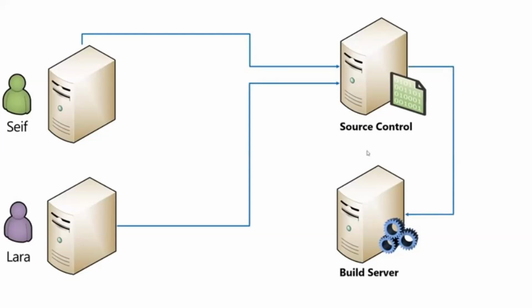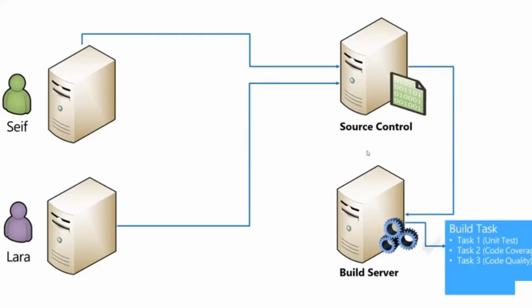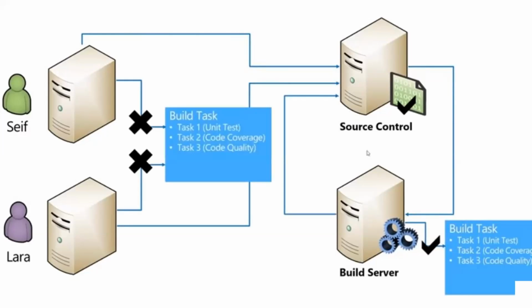So the moment you commit, we are picking up. The build server is a person who's picking up and again verifying all the tests. Hey, is everything working? And things like that. If everything is working, he's going to put it back. Put that package back into source control, and that package will be deployed.